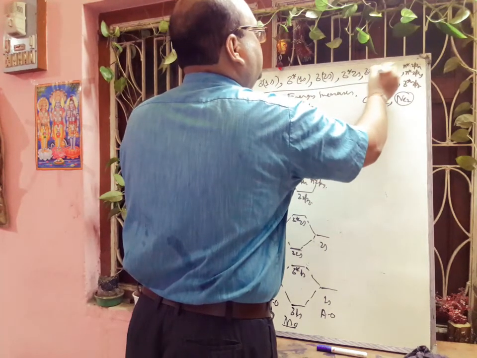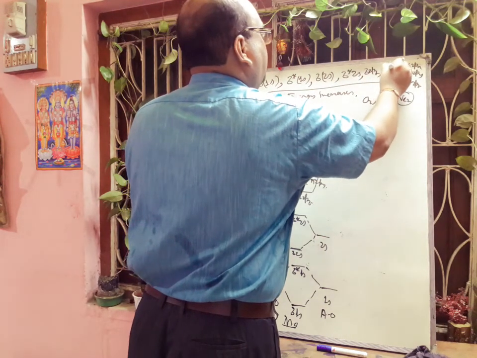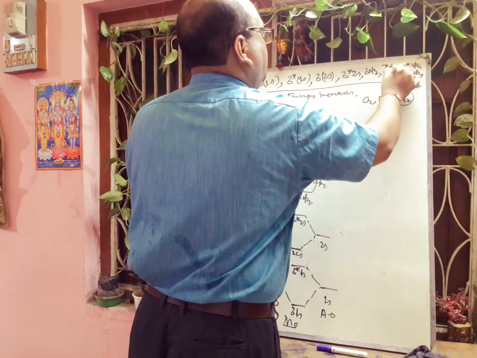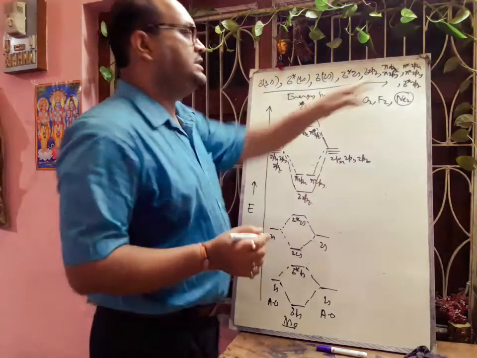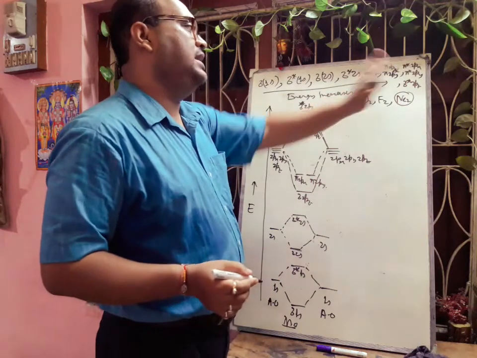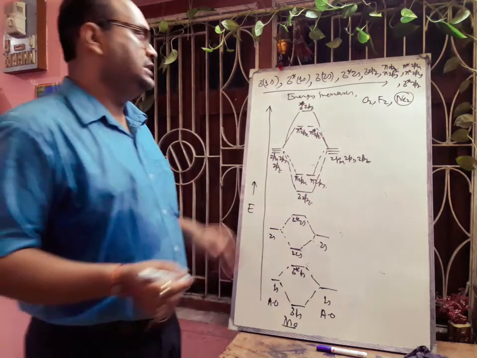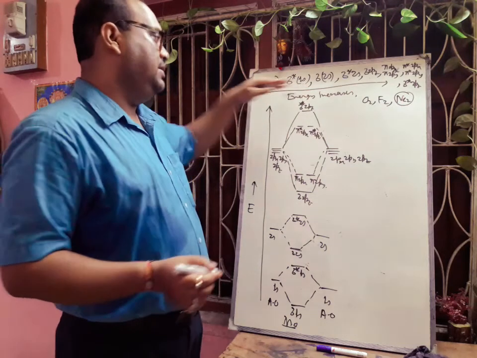After sigma 2pz there will be pi 2px and pi 2py. Then there will be pi star 2px and pi star 2py. Finally, there will be sigma star 2pz. So the molecular orbital energy increases from left to right.